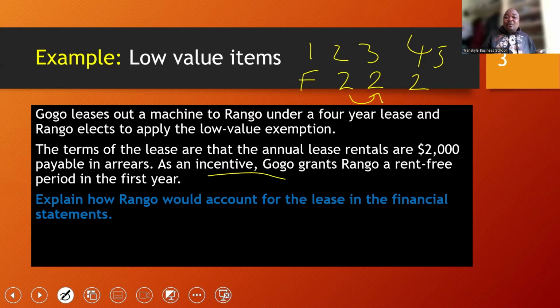In this era where rental costs are so high, she's offering somebody a free ride for the full year, for the full 12 months of the year. And then she says, you are going to pay the rentals in arrears, which means, hey, this Rango enjoyed year 1 and most of year 2 and only had to pay at the end of year 2.